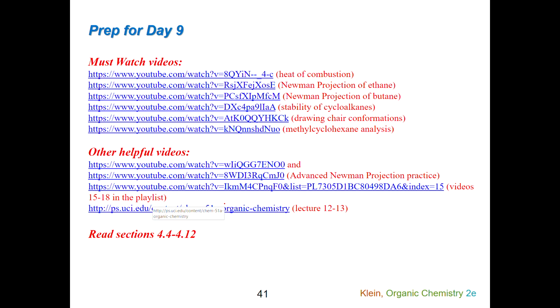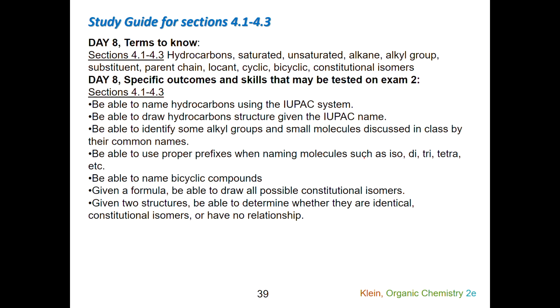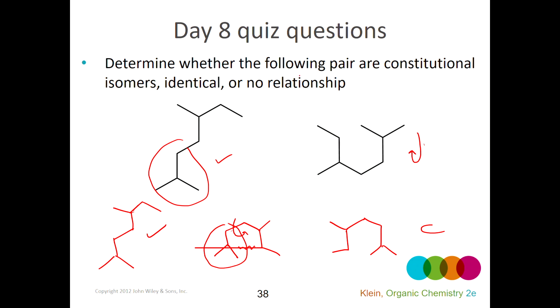And then on Tuesday of next week, we will continue with Chapter 4. And we're going to be getting into some structures, and we're going to be looking at their energies or stabilities as they rotate around, right? So we just showed that I can rotate single bonds. I can flip molecules over in space.